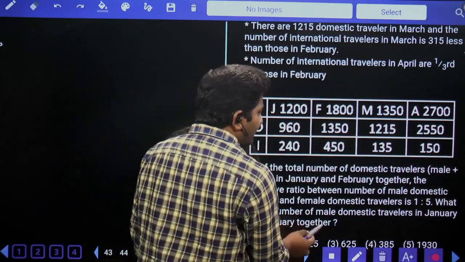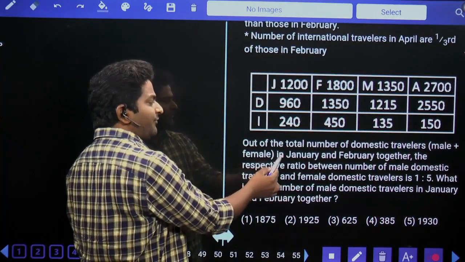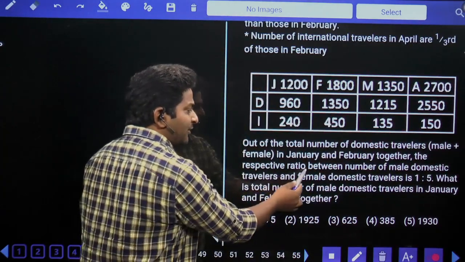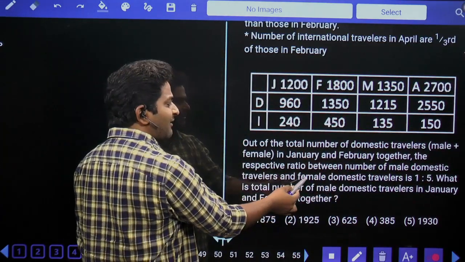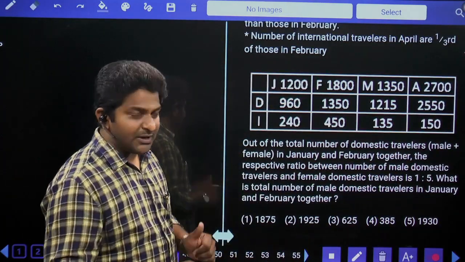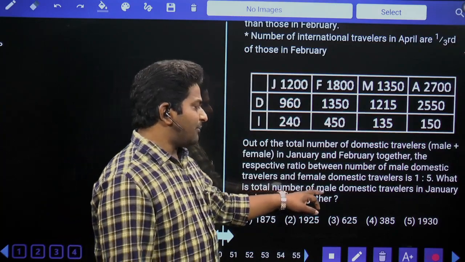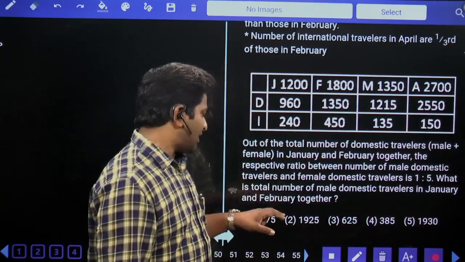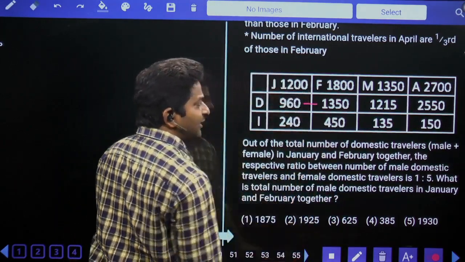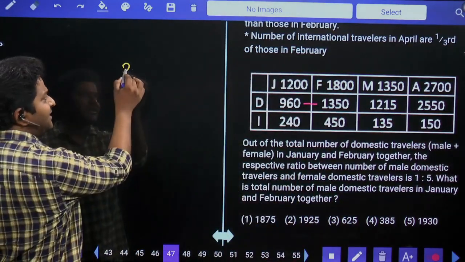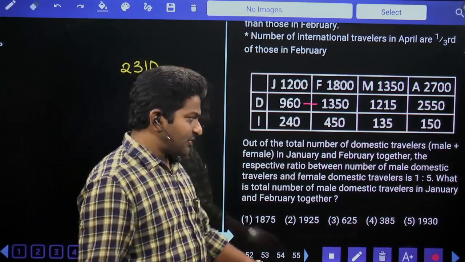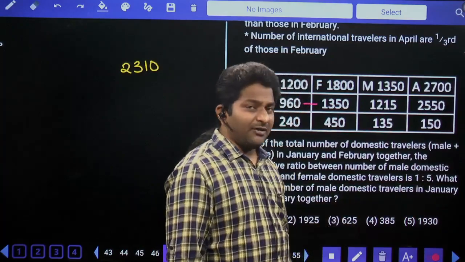Out of the total number of domestic travelers, male and female, in January and February together, the respective ratio between the number of male domestic travelers and female domestic travelers is 1:5. So total 6 parts we have. What is the total number of male domestic travelers in January and February together? January and February together, domestic travelers data is equal to 2310, out of which male are 1 part and female are 5 parts.